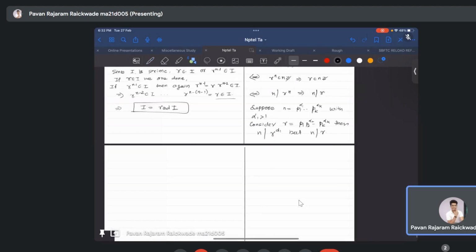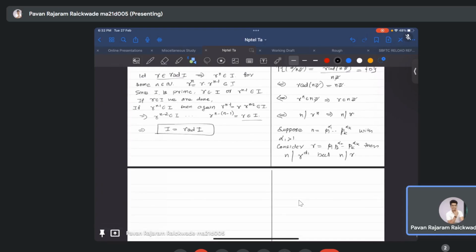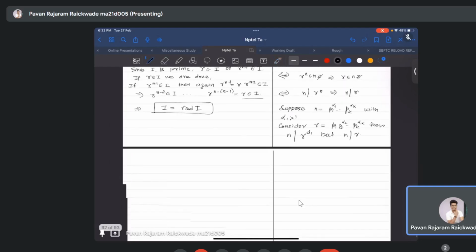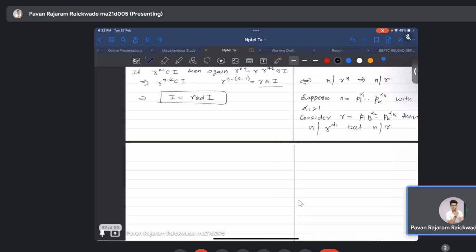So hence what follows is that if there exists any power of pi greater than 1, then this statement will not hold, right? That means we need all alpha i to be 1. That's all.